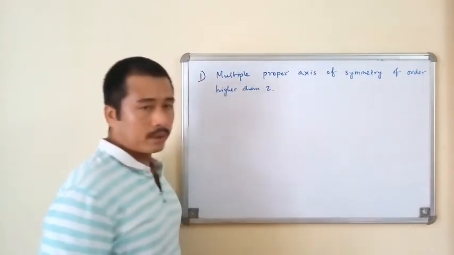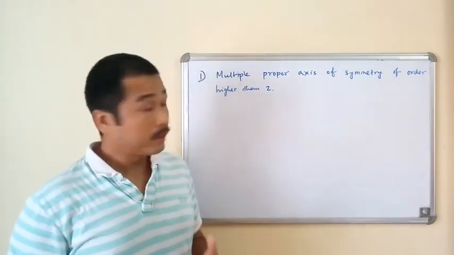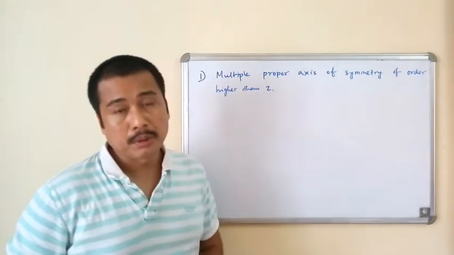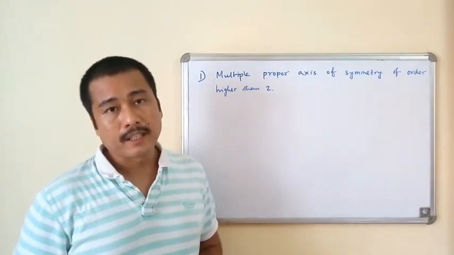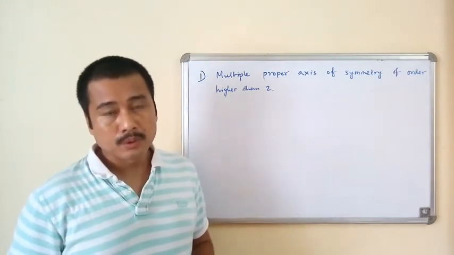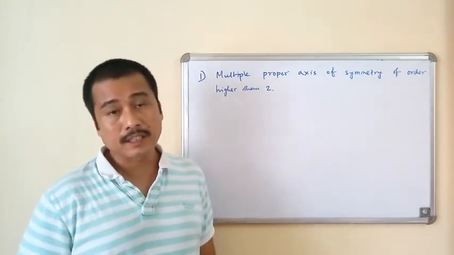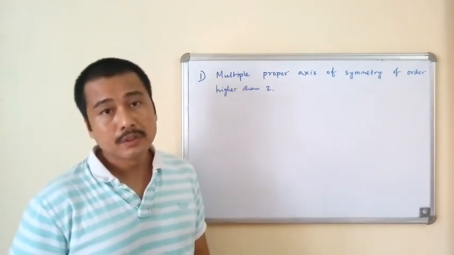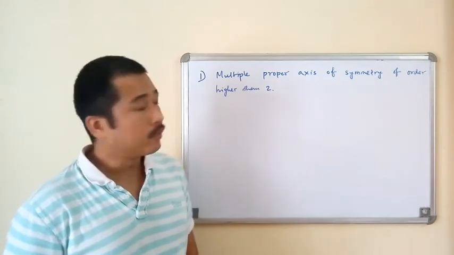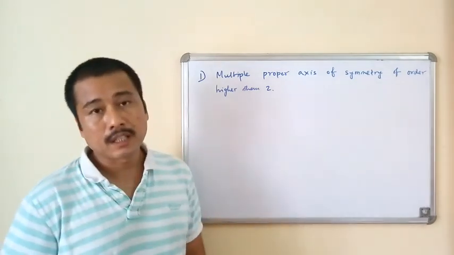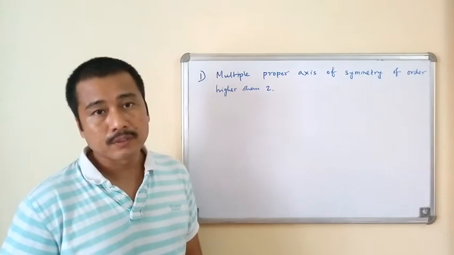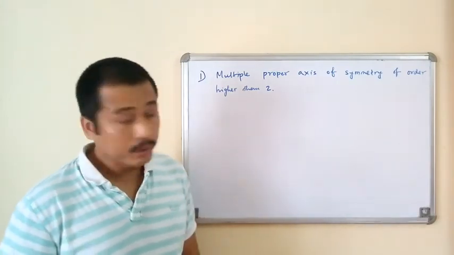So we have more than one proper axis of symmetry of order higher than 2, that is C2. So if we have more than one C3, C4, C5 or C6 axis of symmetry within a molecule, we would say the molecule will belong to the first type or category of molecules.